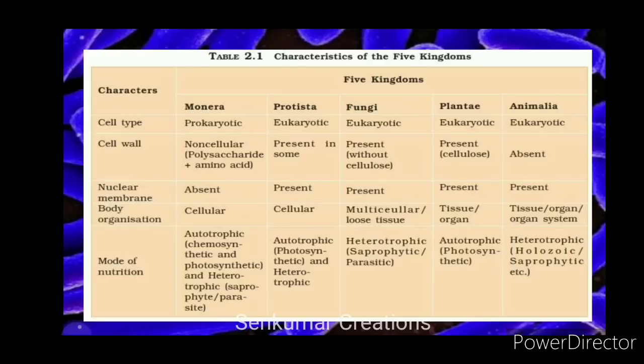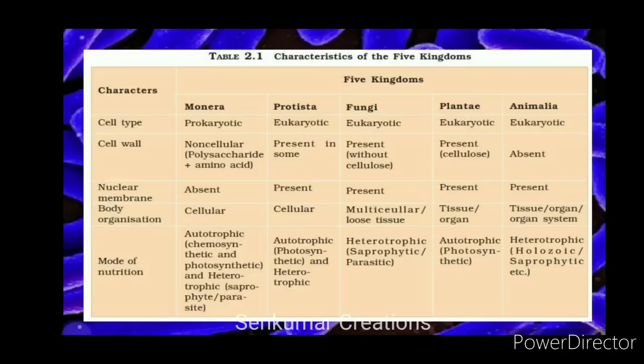In Fungi it is present without cellulose, and in Plantae the cell wall is present and it is made up of cellulose, and in Animalia the cell wall is absent. In animals the cell wall is absent. Okay, so the cell wall in Monerans is made up of polysaccharide plus amino acid, in Protista it is present in some, in Fungi it is present without cellulose, but cellulose is present in Plantae.